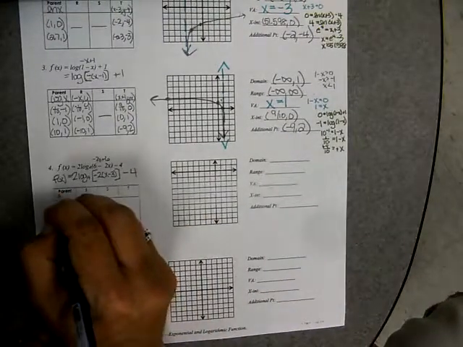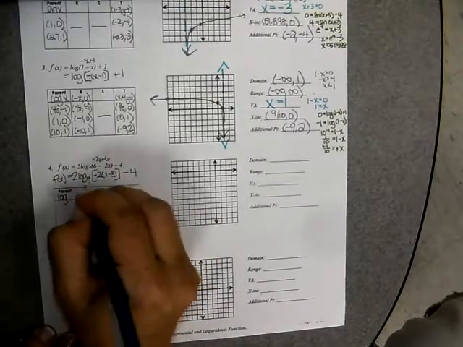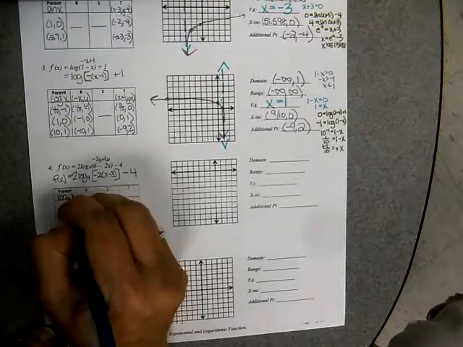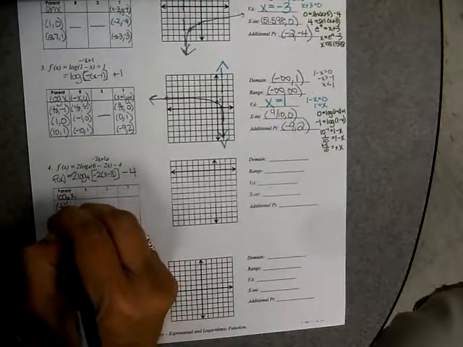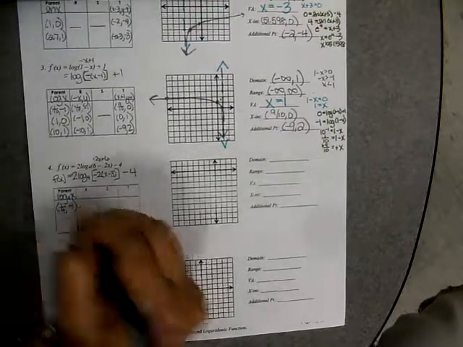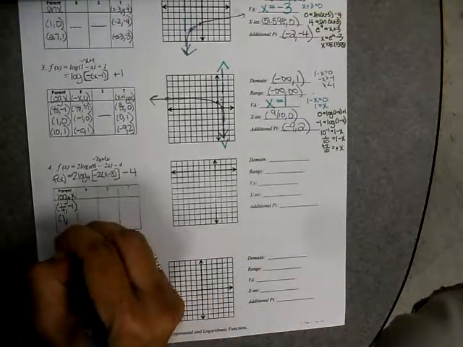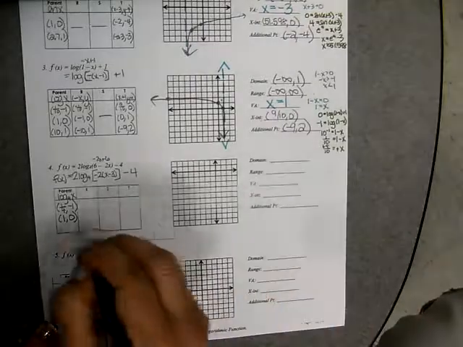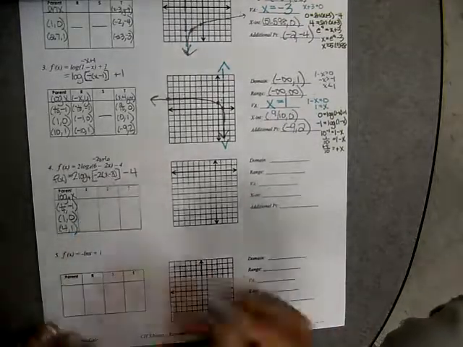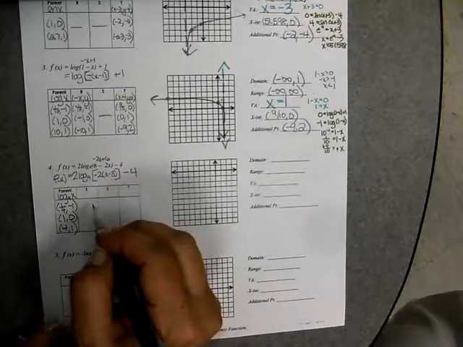But let's think about our original parent function. Again, we're going to ignore everything, and it's just going to be log base 4 of x. To get our values, let's think about the reciprocal of the base, 1/4. That would be negative 1 as an exponent. 1, that would be 0 as an exponent. And then 4, that would be 1 as an exponent. So let's look at what we would have.